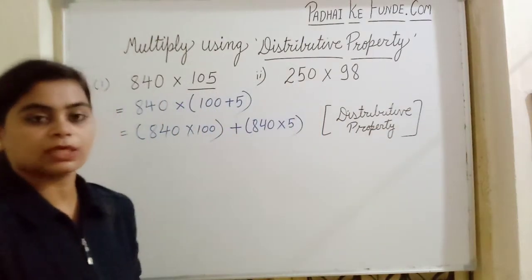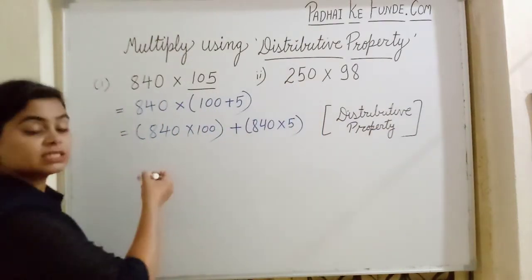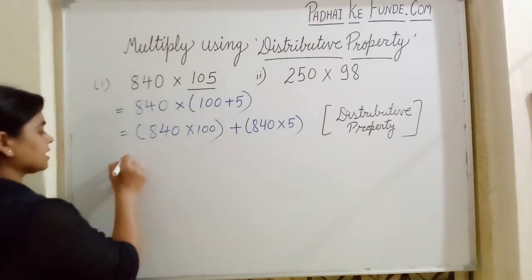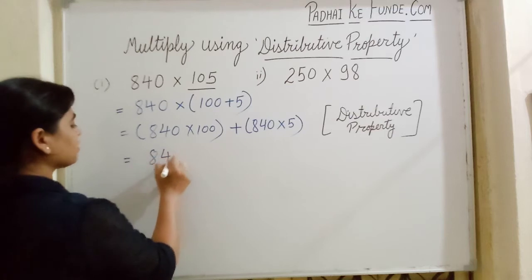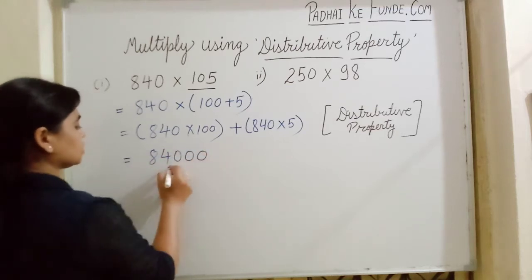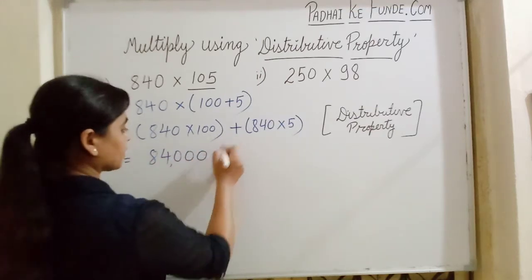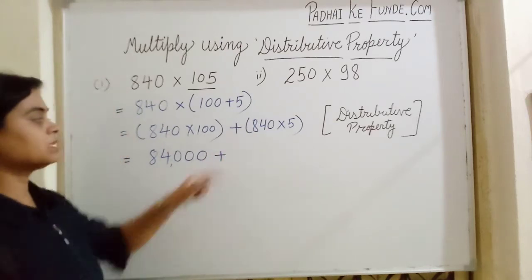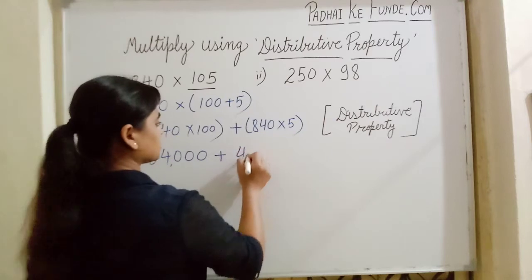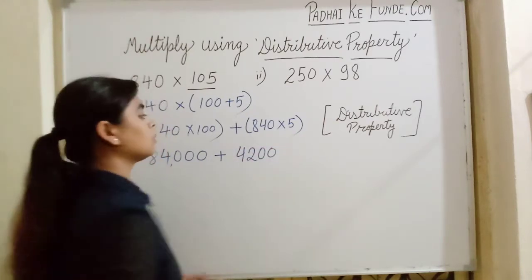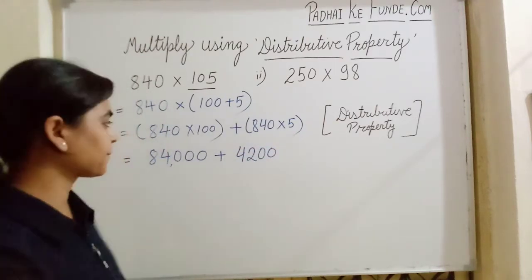And then it has become simple for us. Next, we will solve the brackets. If we multiply 840 and 100, we get 84,000. Then this plus. If we multiply 840 with 5, then we get 4,200.